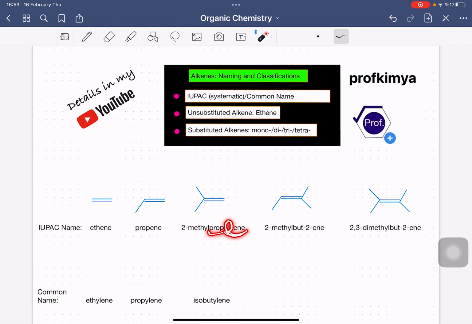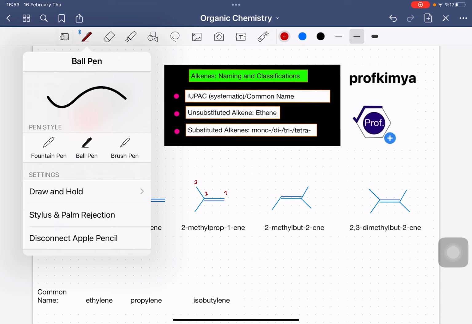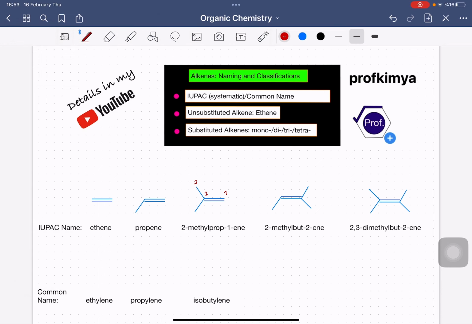This pi bond is at the 1 position. So 1 position, 2 position, 3 position. So 2 position has, let's write this, parent name is prop. Suffix indicates the presence of pi bond.